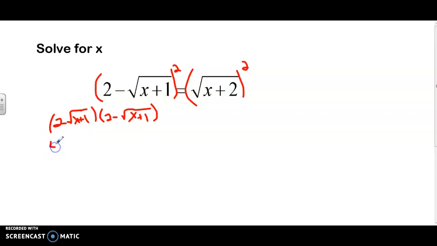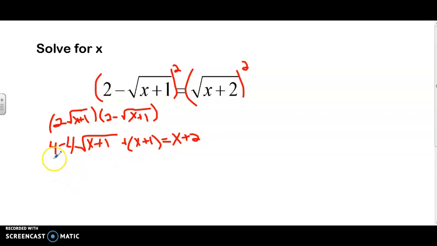So we get 2 times 2 is 4, negative 2 times the negative square root of x plus 1, and then this one would be negative 2 times the square root of x plus 1, so we get negative 4 square root of x plus 1. And then when we multiply the last things here, we get positive x plus 1. And now that would equal x plus 2.